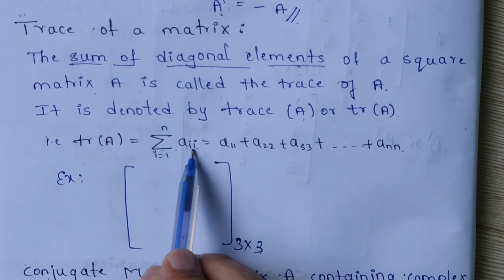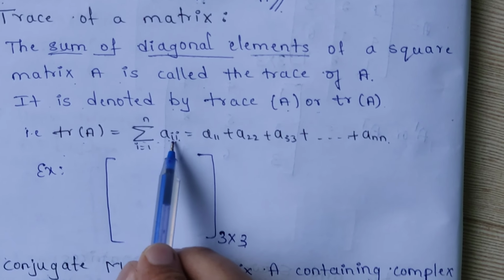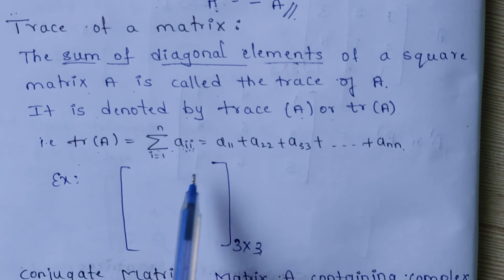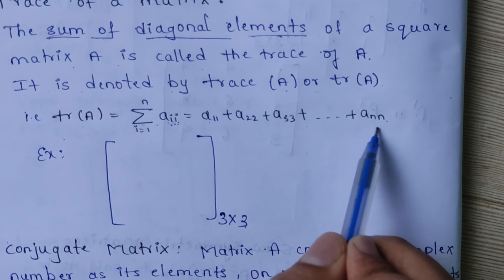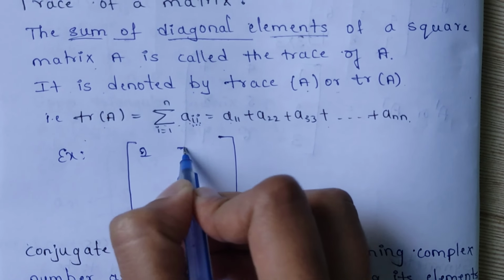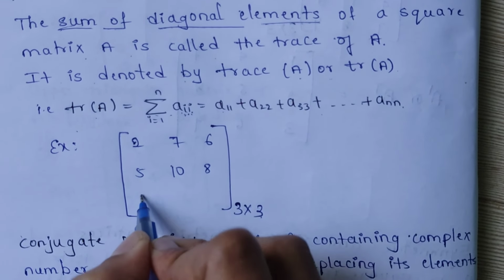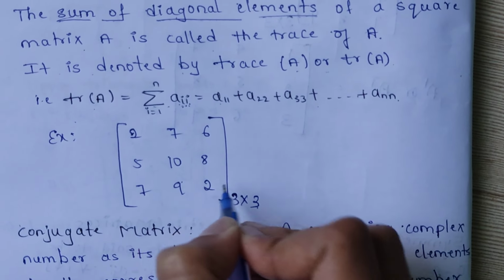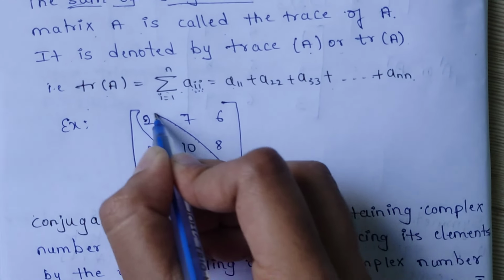II means row and column should be same of that particular element: A11, A22, A33 up to ANN, like this. So take this 2 7 6 5 10 8 7 9 2. So these are the diagonal elements.